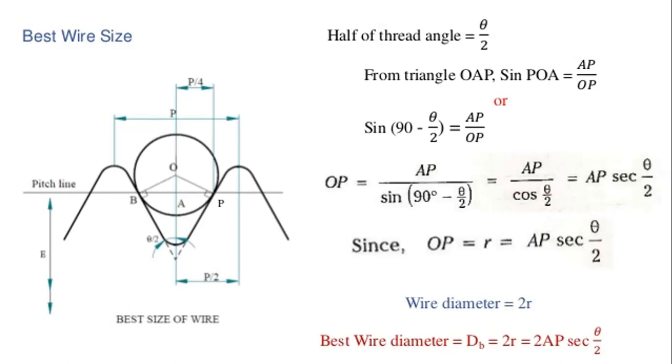That gives AP by cos theta by 2, that is AP into secant theta by 2.